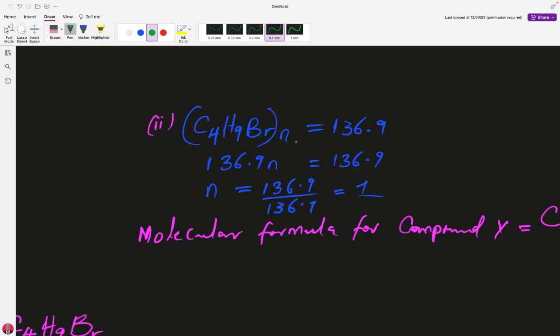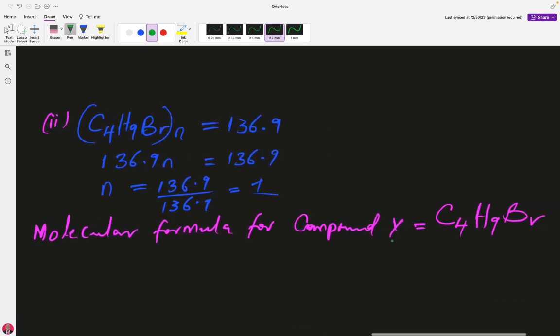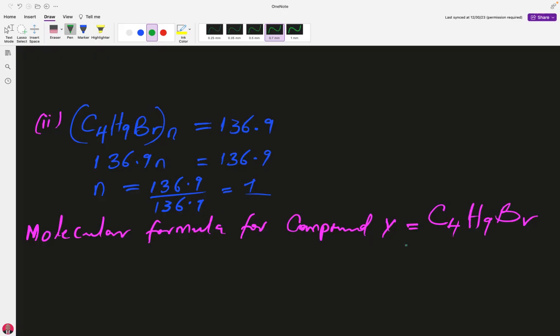So if we substitute n as 1 times all this, our molecular formula, which gives the molecular weight of 136.9, will be C4. The molecular formula for the compound Y will be C4H9Br. That will be our molecular formula after doing this calculation here.